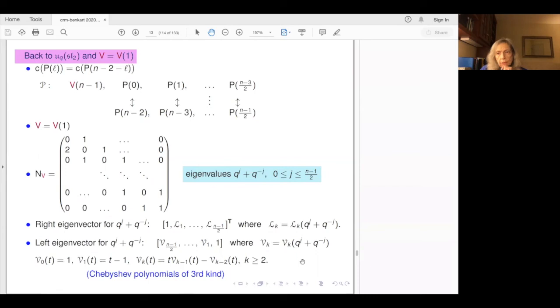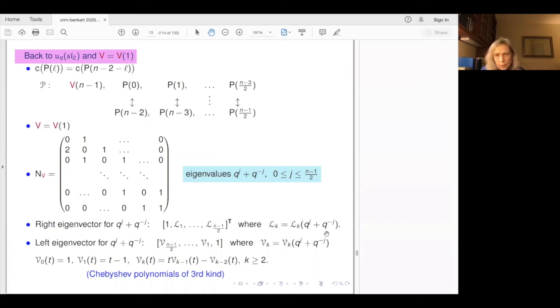And these are Chebyshev polynomials of the third kind. So these Chebyshev polynomials of the third kind are the difference of 2 consecutive Chebyshev polynomials of the second kind. The L polynomials are the difference of 2 Chebyshev polynomials of the second kind that differ by subscripts 2.